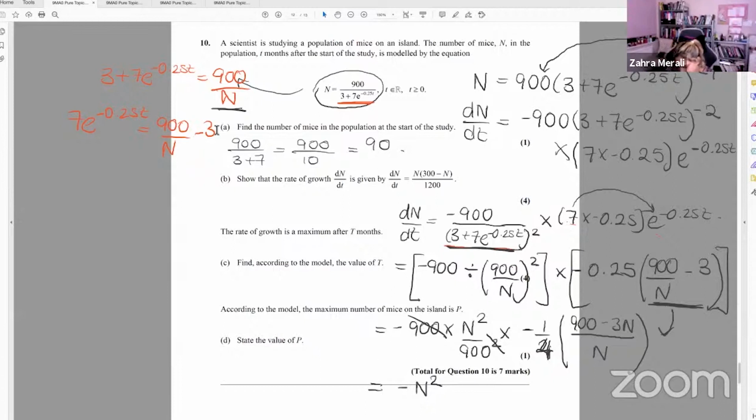Where have I gone wrong? 900 over n minus 3. So over, oh God. All right, so we've got a minus and a minus, so that becomes a plus. That becomes a plus there. That becomes over 4. And then that's going to be 900 minus 3n over n.